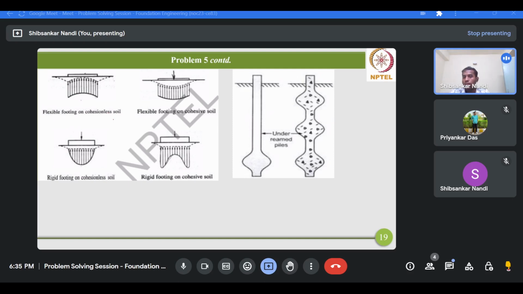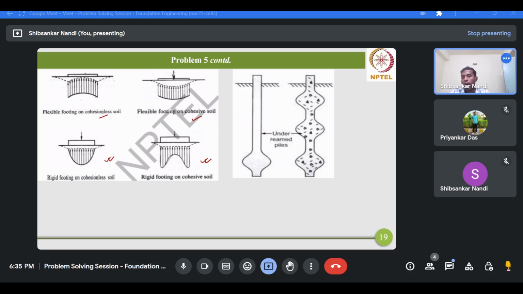Considering the combinations of these conditions, you will end up with 4 distributions as shown in this slide. The first is flexible footing on cohesionless soil, the second is flexible footing on cohesive soil, the third is rigid footing on cohesionless soil, and finally, rigid footing on cohesive soil.